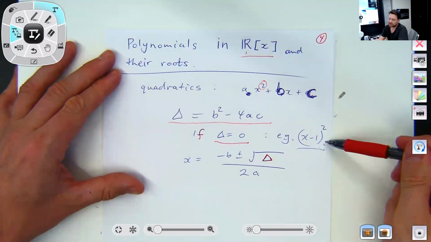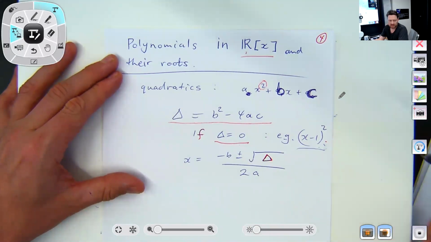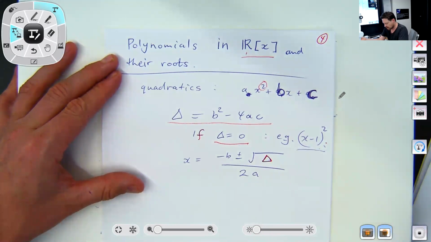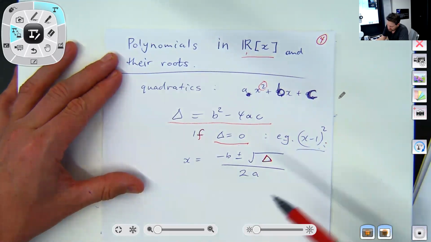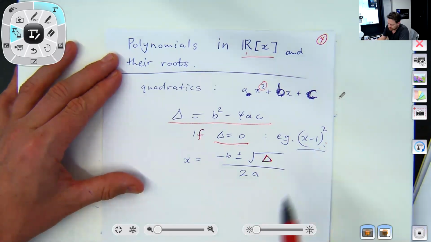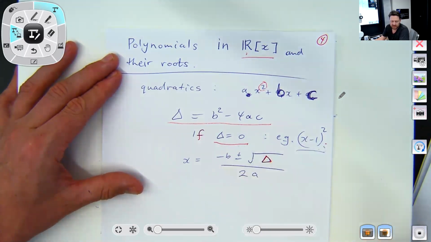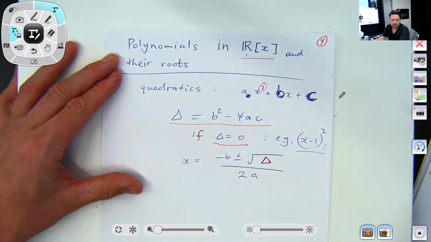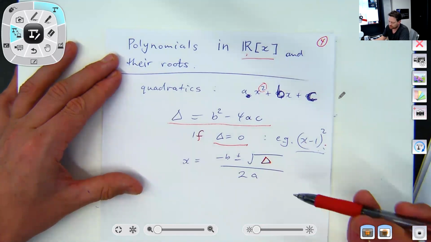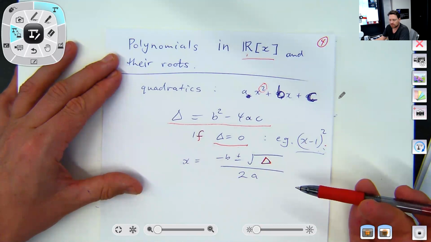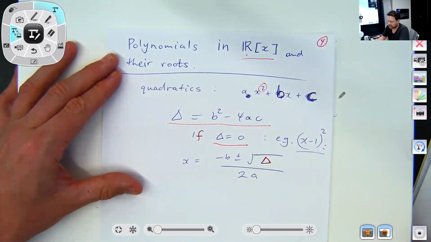So it's there twice: x minus 1 times x minus 1. And you see that here in the formula, because when delta is 0, that plus or minus just vanishes, right? Because it's plus or minus 0, which makes this minus b over 2a. And so that gives you a repeated root in that case.